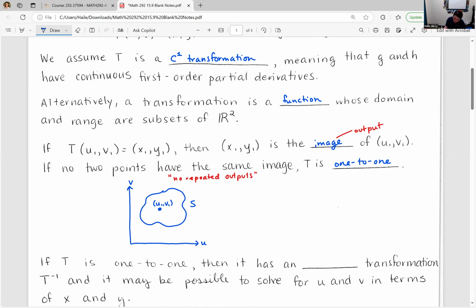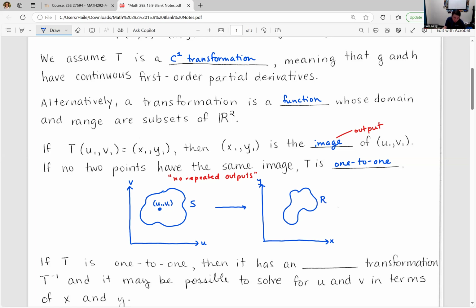Now, what the transformation T is going to do is take this plane to another plane where our variables are X and Y. Okay, so we've got a variable X, variable Y. We've got some other blob, so it's not the same blob.